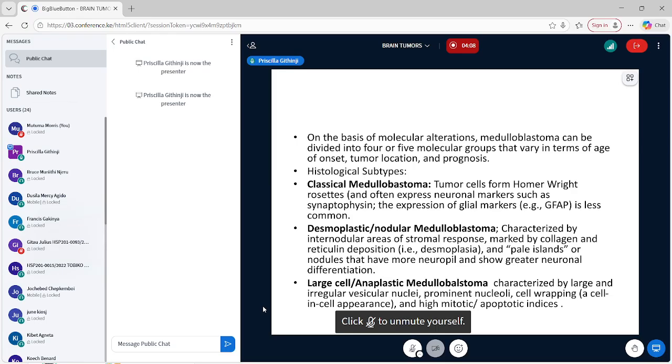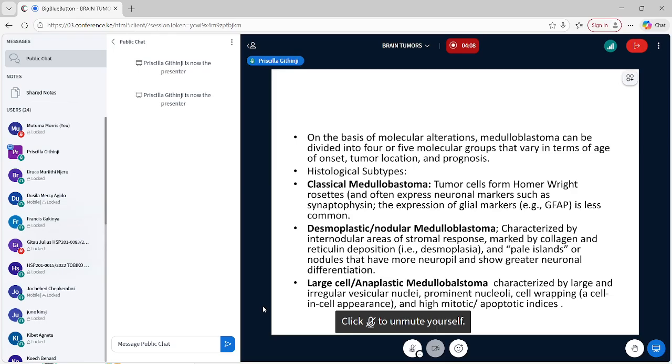So there are various histologic subtypes. For example, we have the classical medulloblastoma. In the classical medulloblastoma, tumors form Homer Wright rosettes and often express neuronal markers such as your synaptophysin. They also express glial markers like your GFAP, although expression of your GFAP is less common.